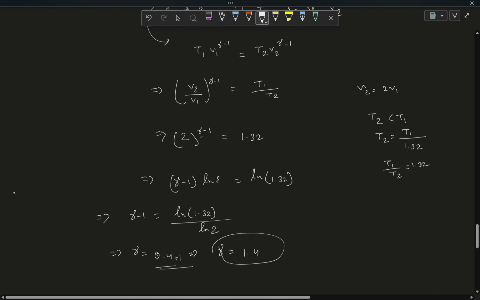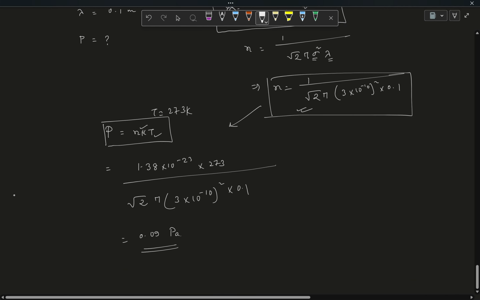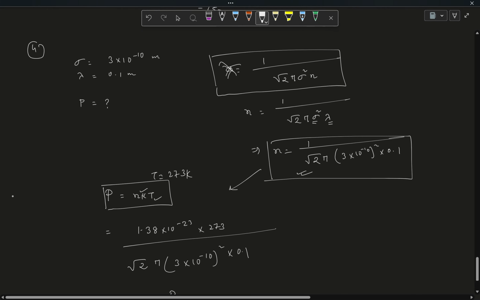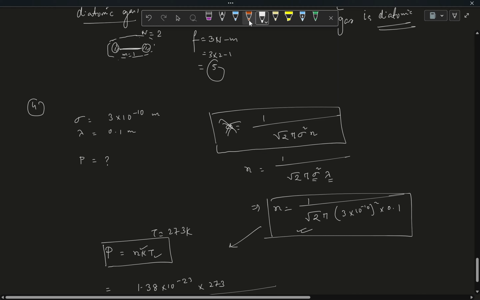This is not necessarily always the case, but because there are options given, if you have to get one of the options as the answer, you have to take into account that we do not always write the mean free path formula with this root 2 factor, because the root 2 factor was not initially there in the rough estimation. This root 2 factor came from Maxwell's expression of mean free path.